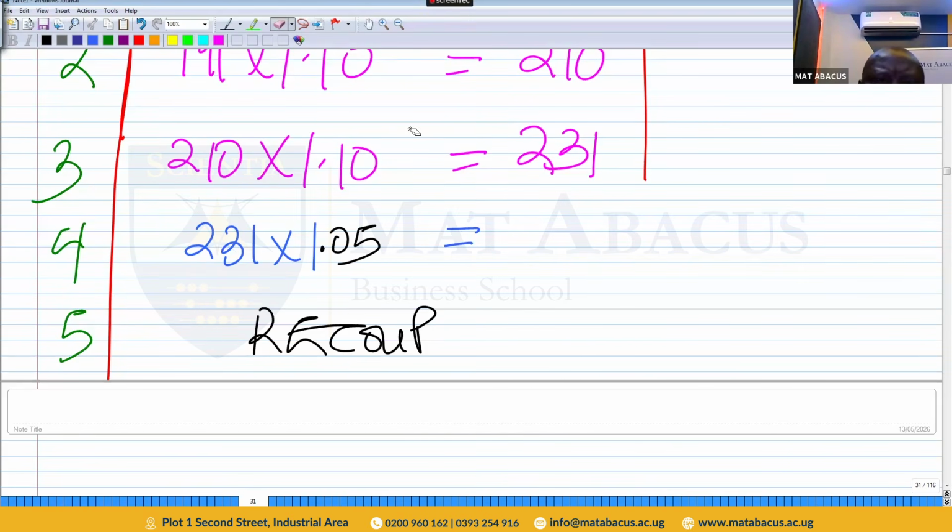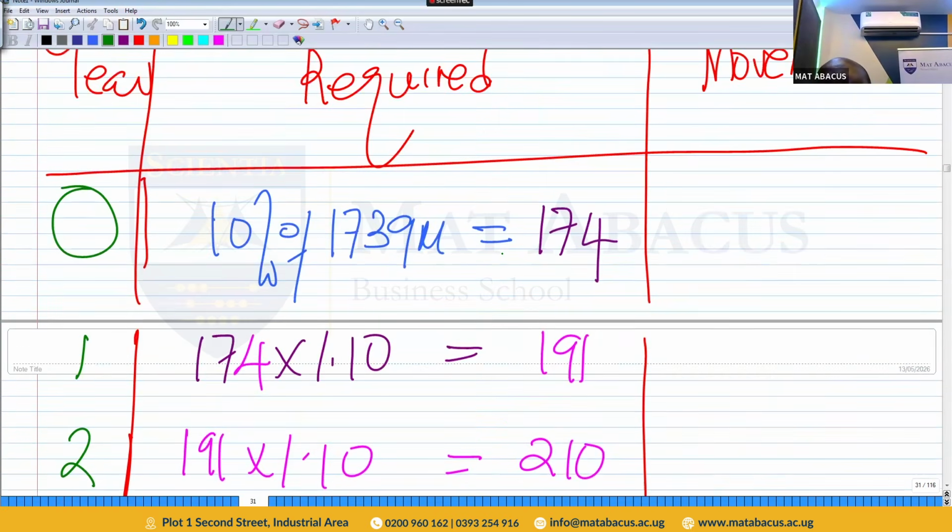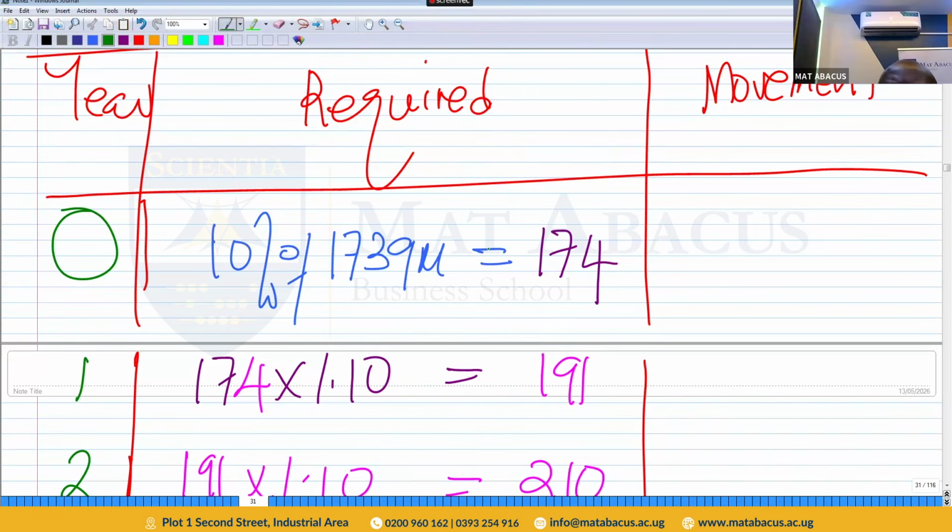When I round off, I will get 243. What you take to your NPV table is the movement.